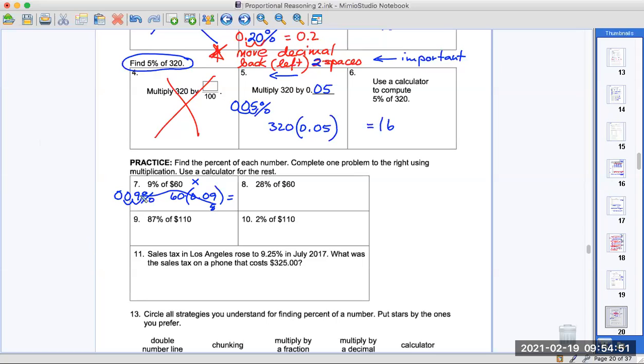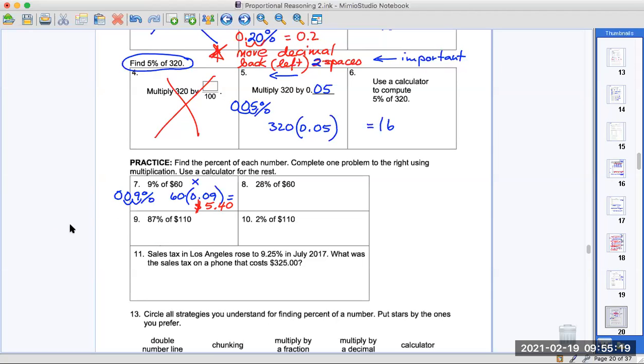So you have to put a dollar sign and 2 decimals. $5.4, but remember it's dollars. So look at it and then add another 0. 9% of 60 is $5.40.